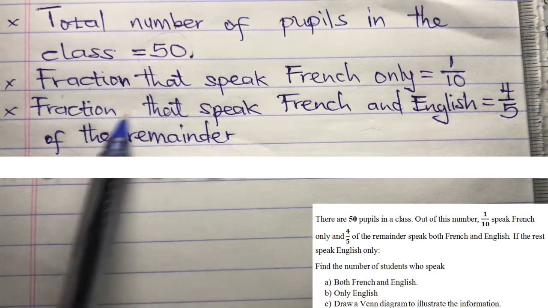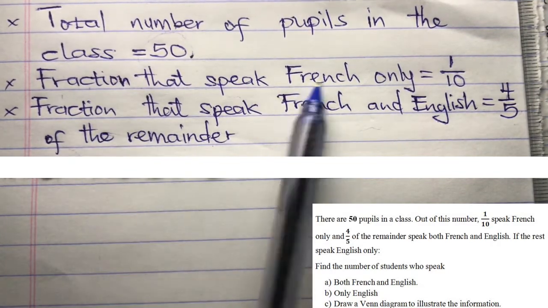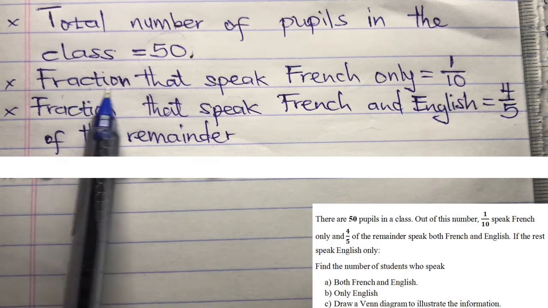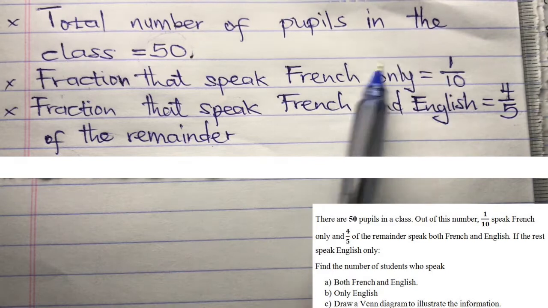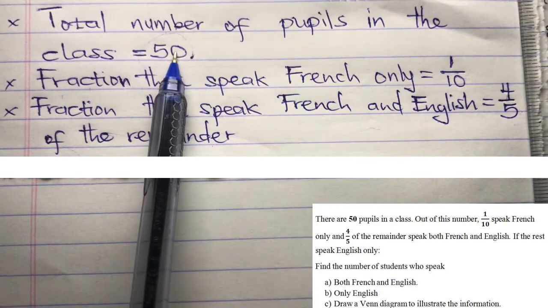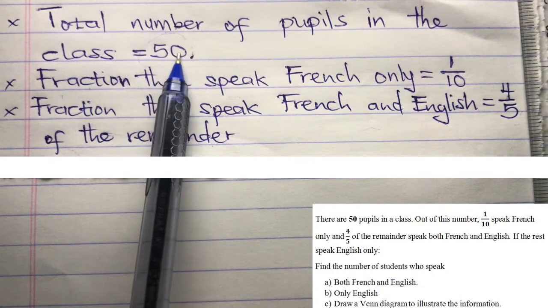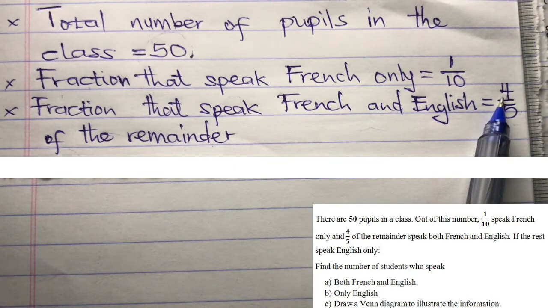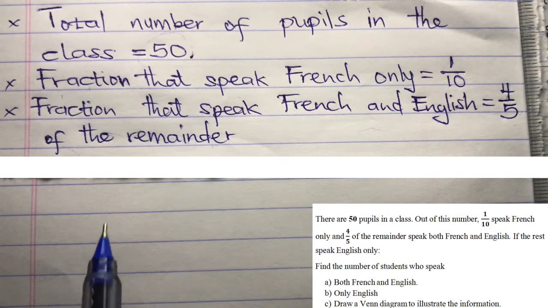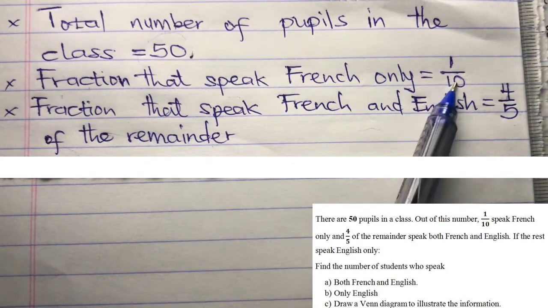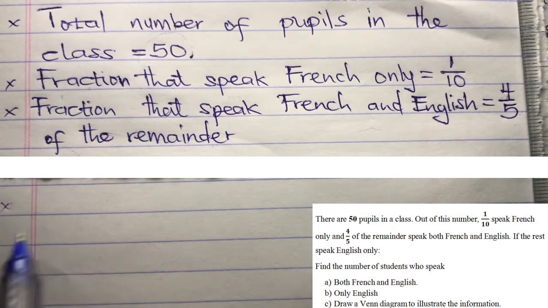So what remainder is it talking about? This comes first in the question. So we need to find the number of pupils who speak French only. And then after solving for that, we subtract it from the total number of pupils. And then that will give us the remainder, of which we can find the 4 out of 5 of it. So let us find the number of pupils who speak French only over here.